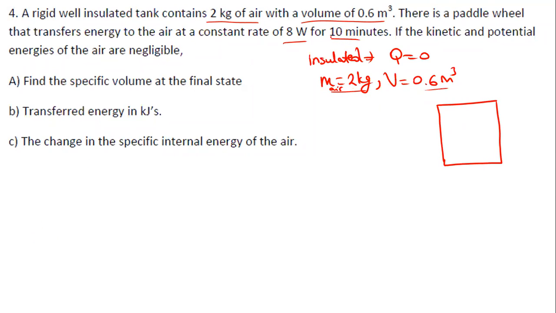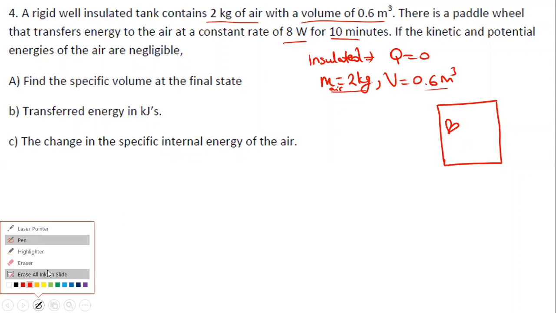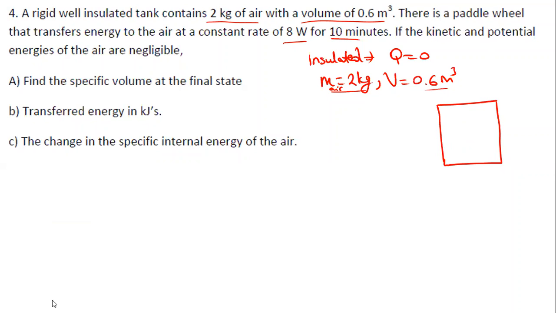And it also says that there is a paddle wheel. The paddle wheel is something like this one. Let me add the 3 blades here. So a paddle wheel is something that rotates, and it is connected to some shaft here.